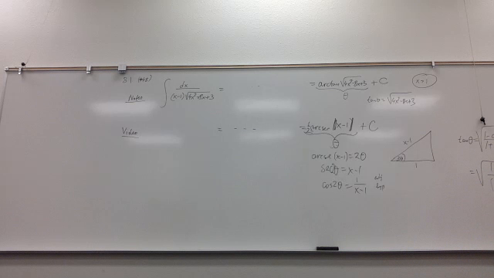Arcsecant of x minus 1, secant 2 theta is x minus 1, cosine 2 theta is 1 over x minus 1. Tan theta is this.